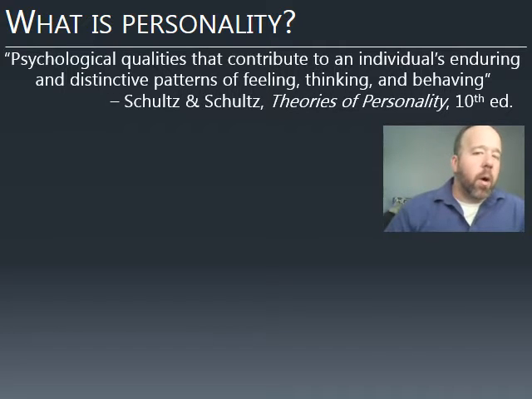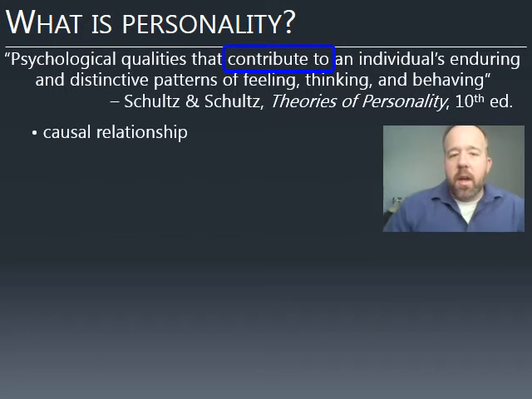But I think the earlier parts of this definition bring up some important ideas that the definition from your book doesn't really do. So one of these is that idea of contributing to patterns of feeling, thinking, and behaving. So that gives us the idea of a causal relationship. So these are qualities of the mind or the person that have something to do with how that person acts.